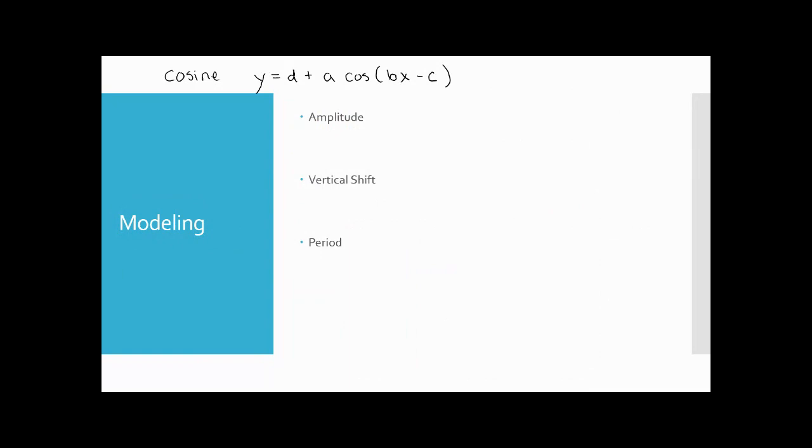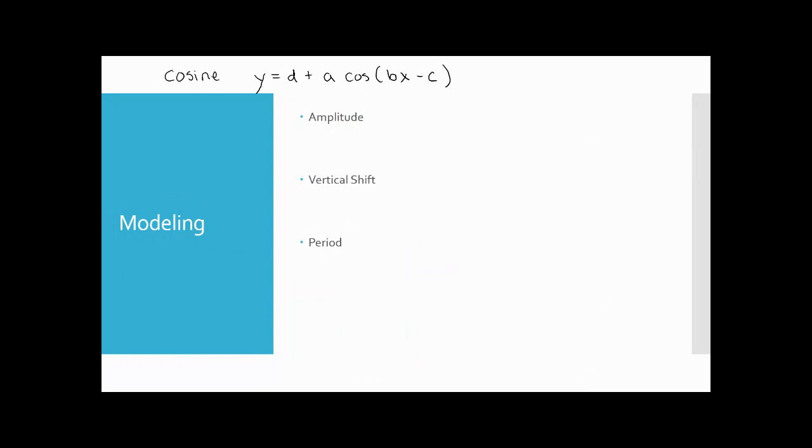You can determine the values of a, b, c, and d in different orders. You don't have to do them in the order that I'm going to do them, but this is what makes sense to me. The first thing I always do is find the amplitude, because that's one of the easiest things that you can do.